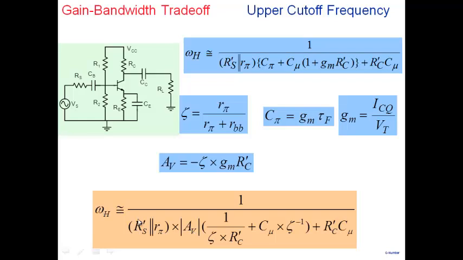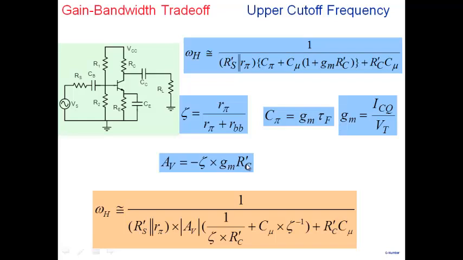Increase in gain will come at the expense of lower upper cutoff frequency if you try to do it through the route of ICQ. The other one, which is not really apparent here. So you'll say, well, I'm not going to change my ICQ. I'll not try to increase the gain by increasing ICQ, but I'll try and increase the gain by increasing RC.